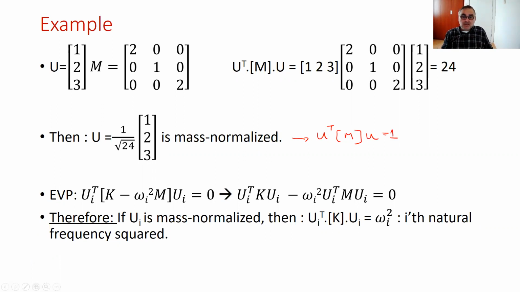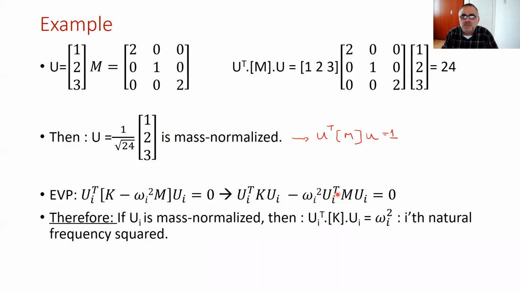Now, one interesting property of this is the following. You had an eigenvalue problem, remember: K minus omega squared M, times ui. If you multiply it by ui transpose from the left, if you open it up, you get ui transpose K ui, this is the triple product with K, and also ui transpose M ui. But we know that this ui transpose M ui was 1 if you mass normalize your equations.